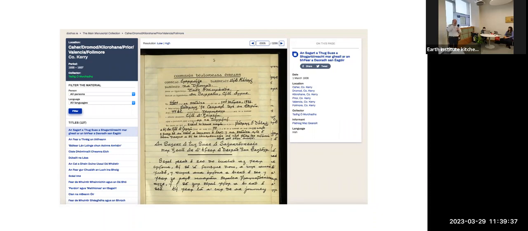And we're currently working with the University of Edinburgh, a joint project using Transkribus to recognize the handwriting of individual collectors. And we're getting about a 95, 96% success rate on that.